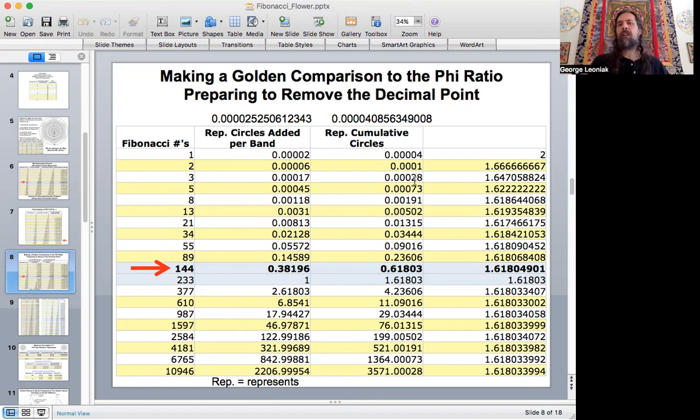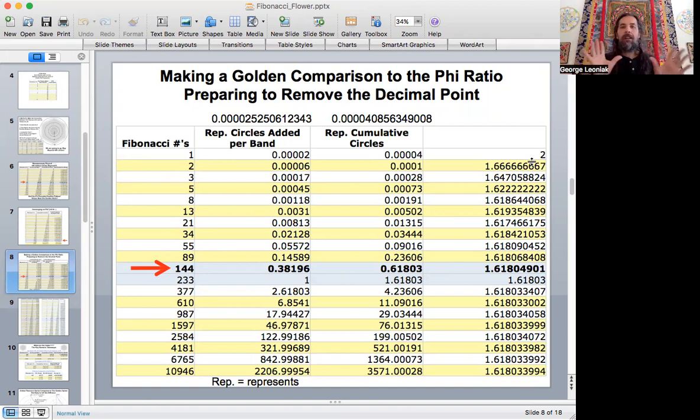Just to show here, I brought it way down in its reduction to 0.00004, and that number should be this, and this number, 0.00002, should be this value. And if you divide those two numbers together, we're going to get the golden ratio. But if we divide these two numbers, we get 2.